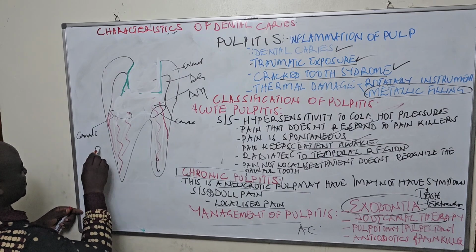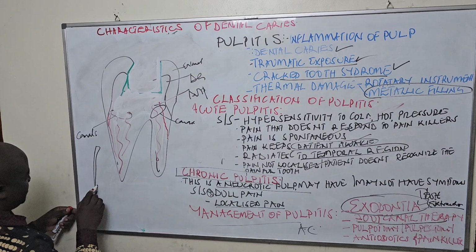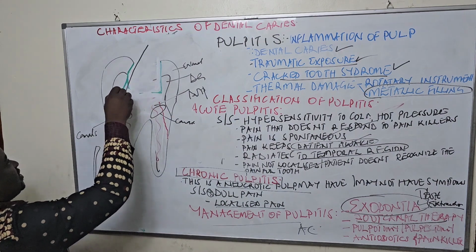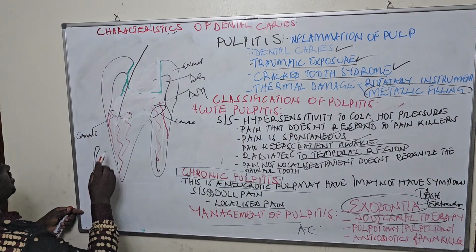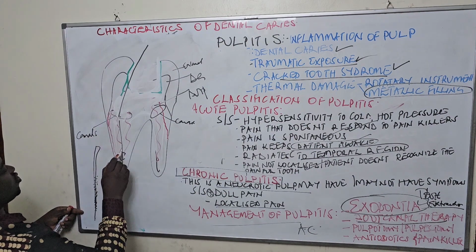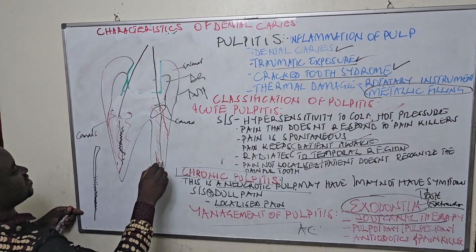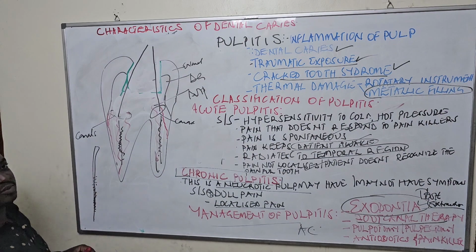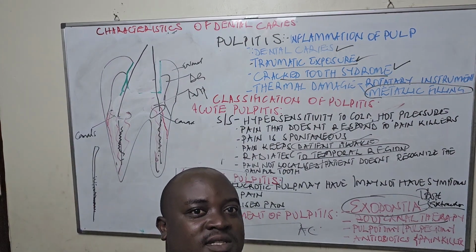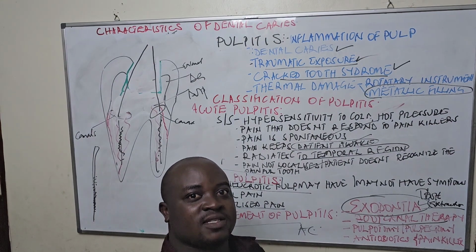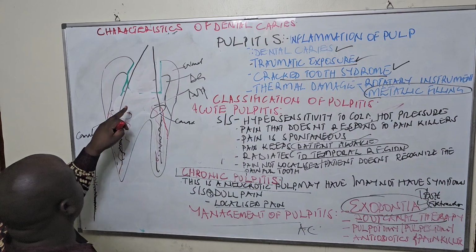A file is, you insert it here into the canal, and the moment it has these hooks, the moment it reaches here, it hooks all this pulp. You also insert another one. The moment it reaches here, it hooks this pulp. Of course, you shall also pour some chemicals, maybe hypochlorite. It will kill all these blood vessels here.